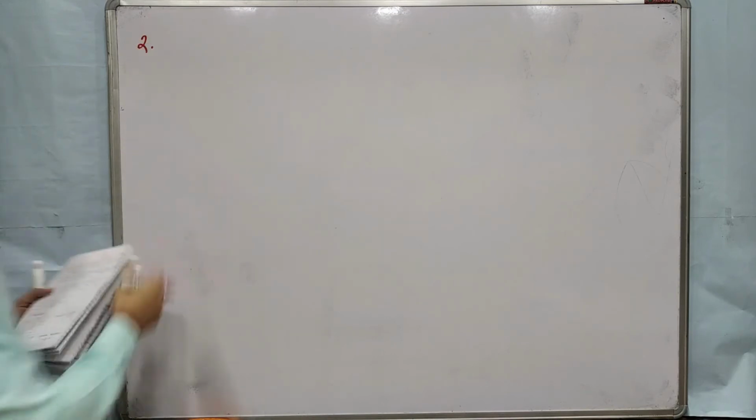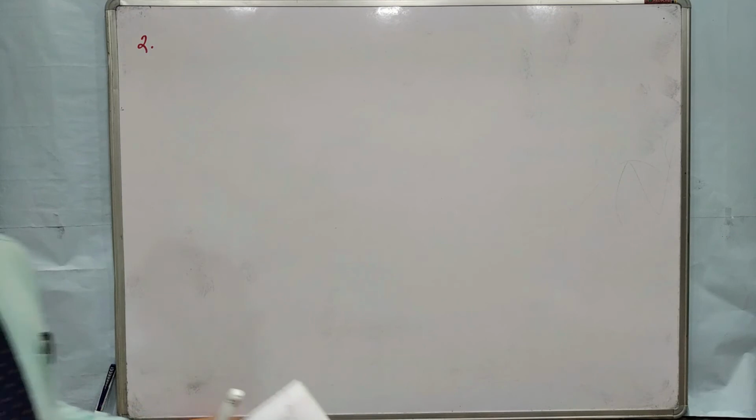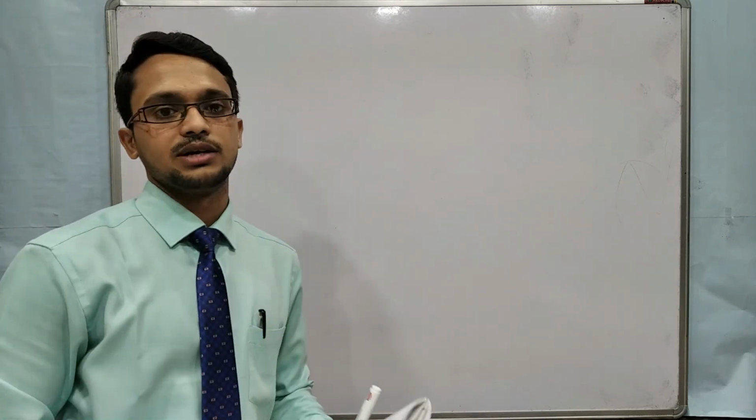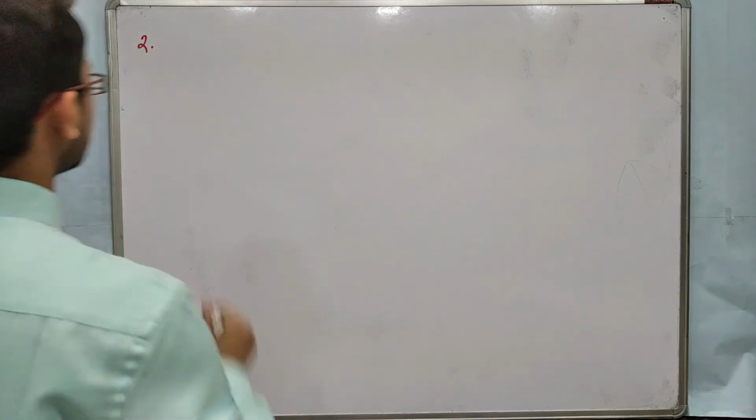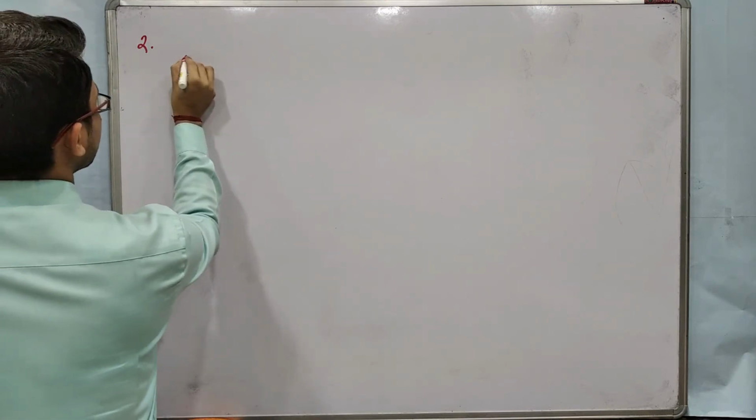Next, question number 2. In question number 2, we will see mixed combination. That means series combination is there, parallel combination is also there. We have to find the equivalent capacitance. Okay, these are very, very important questions. So first I am giving this question.